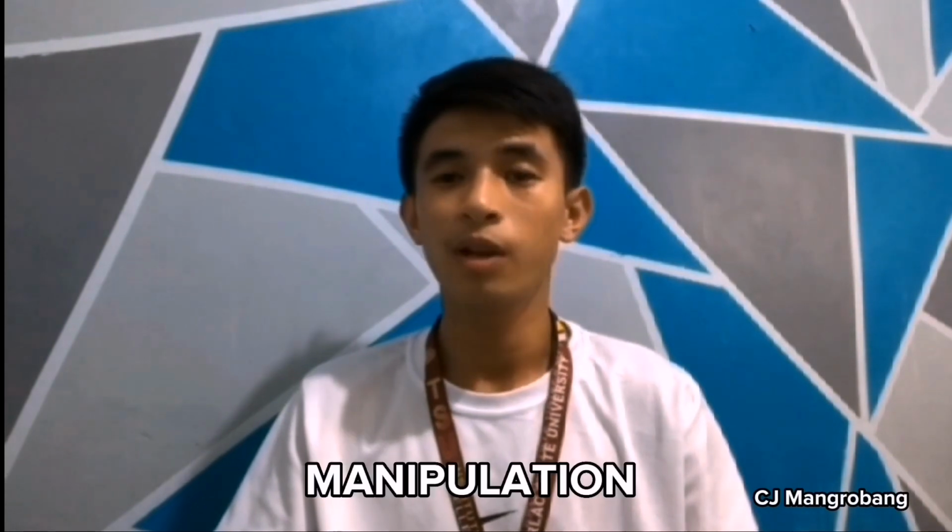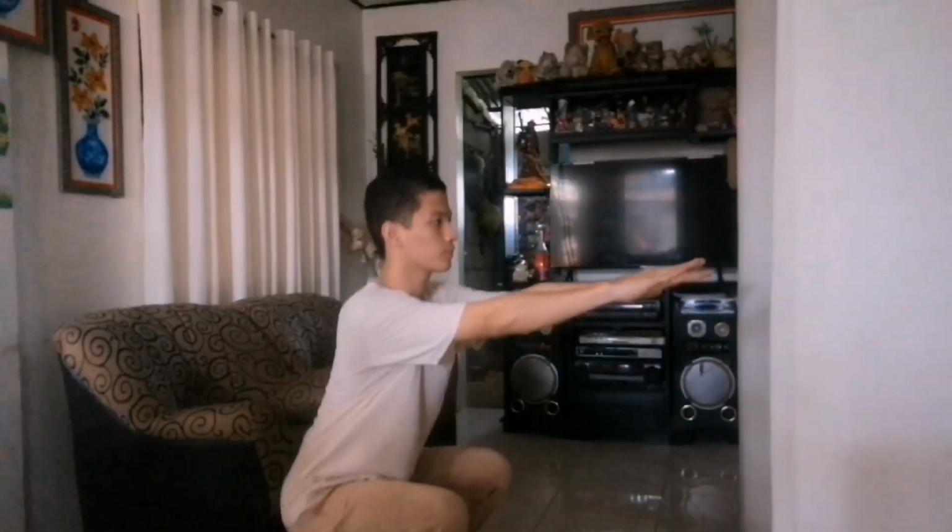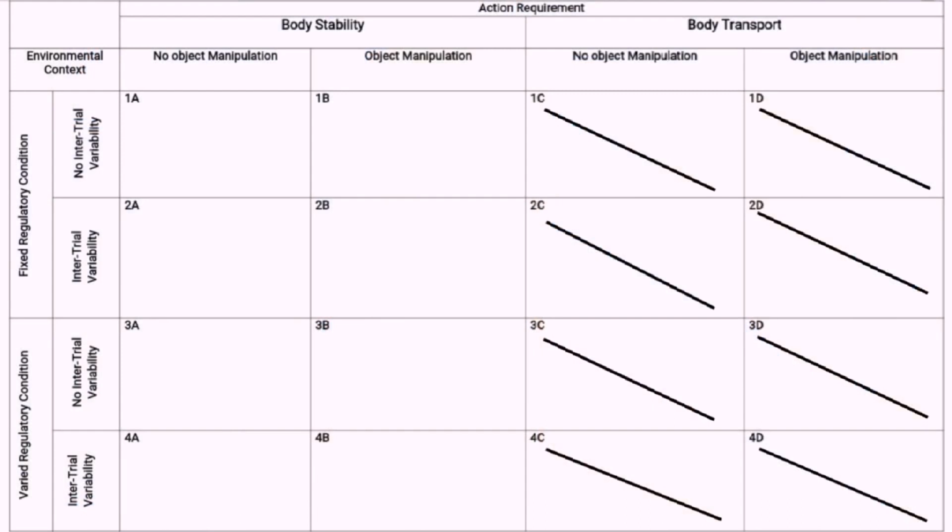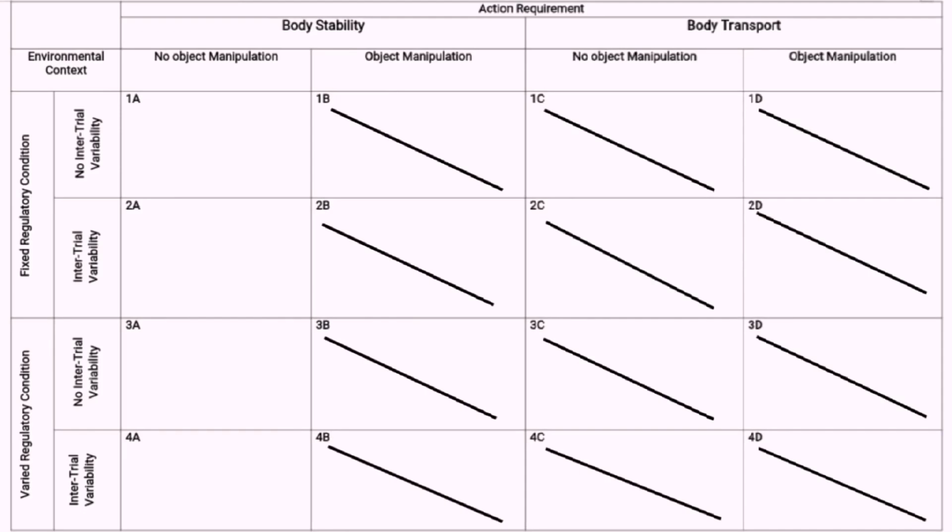The second thing you will take is to classify the manipulation, whether the performer uses any object, partner, or opponent. You observe that he didn't use any tool or object in doing the squats, so the answer is no object manipulation, and you cross out the column of object manipulation.